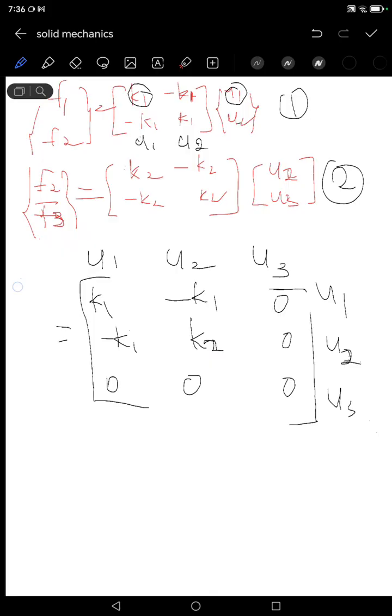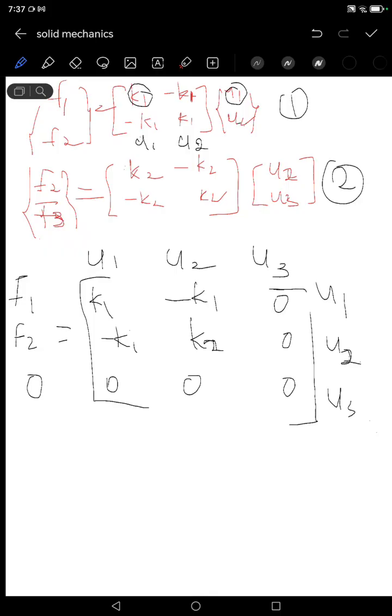We have f1, f2, and we don't have f3, so it's going to be 0, because at element 1 it's 1 and 2, we don't have 3. Do you have any question, guys? f1, like this.